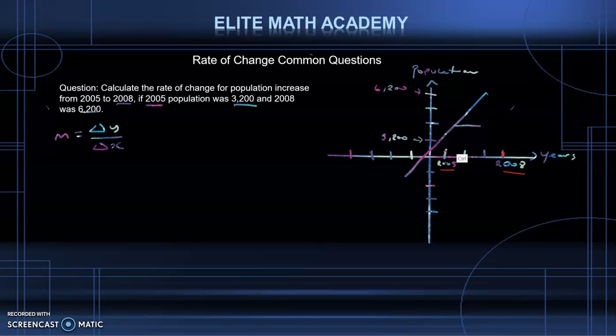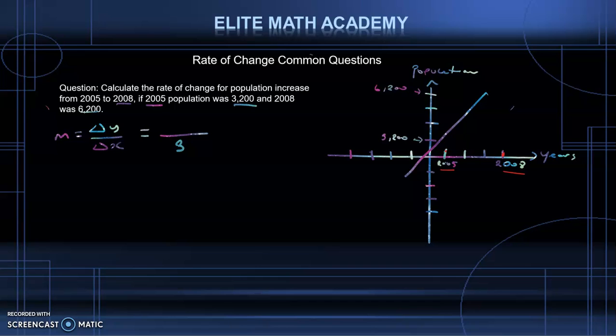I'm going to backtrack here for a second. I'm going to try to identify the rate of change with first delta y. What is delta y? I apologize, that is delta x. Delta x will be 2005 to 2008, so this is actually 3 units that we're seeing here.